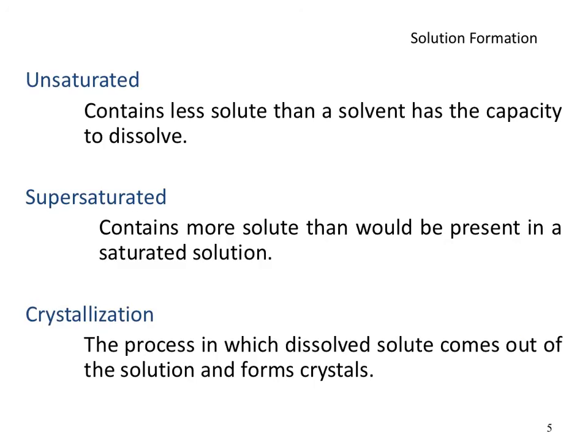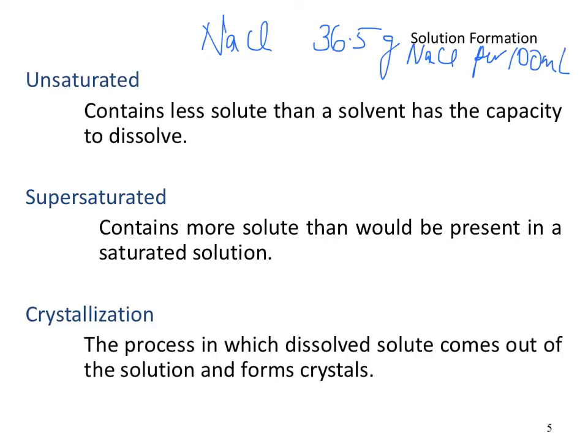Let's talk about unsaturated solutions. Unsaturated solutions are those solutions which contain less solute than the maximum that can be held. So for instance, for the case of sodium chloride, NaCl, it's 36.5 grams of NaCl per 100 milliliters of water.